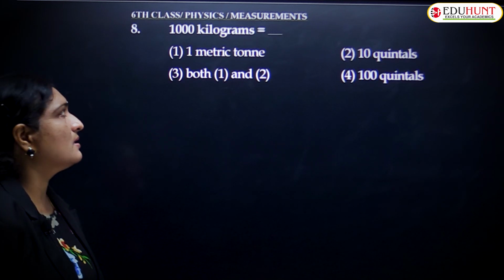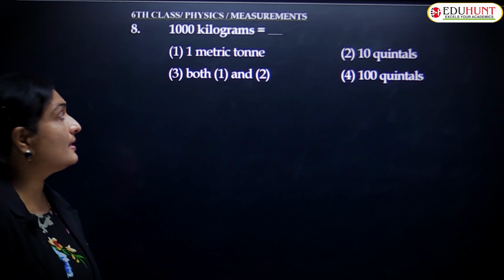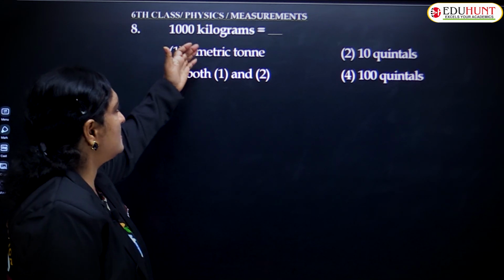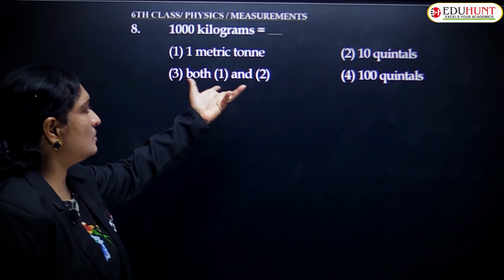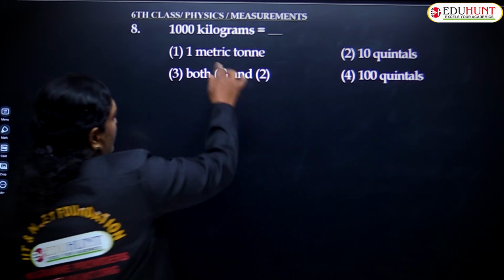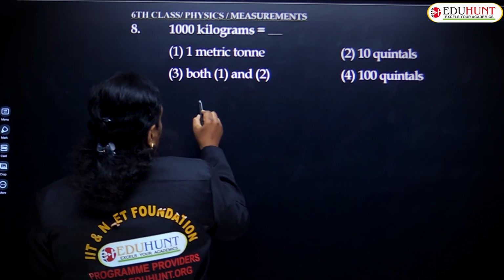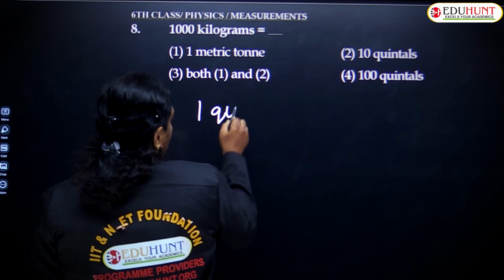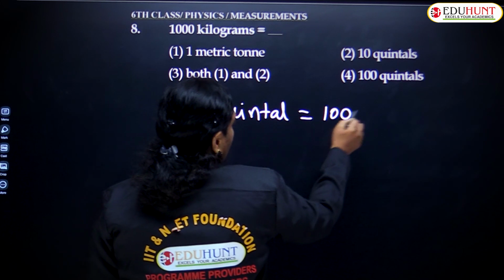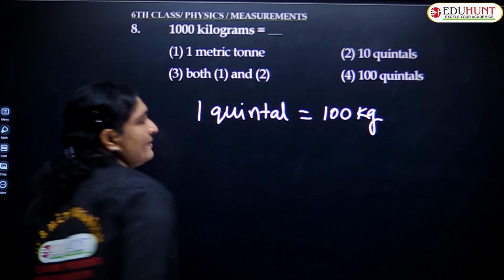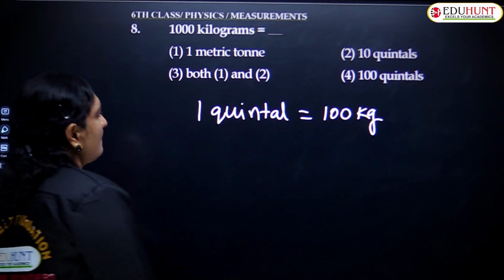1000 kilograms equals how much? 1000 kilograms in tons, in quintals, both 1 and 2 in quintals. First of all, we know that 1 quintal is equal to 100 kilograms. You remember this? 1 quintal is 100 kilograms.